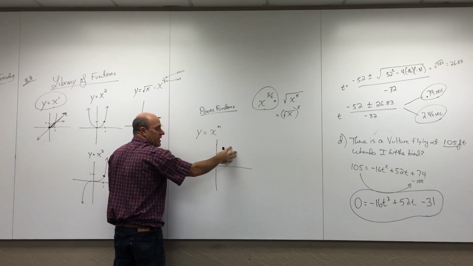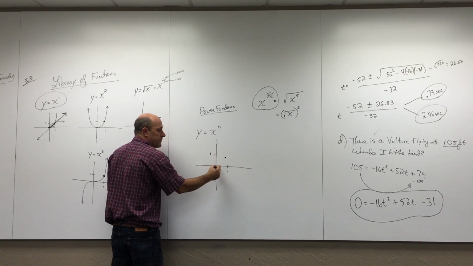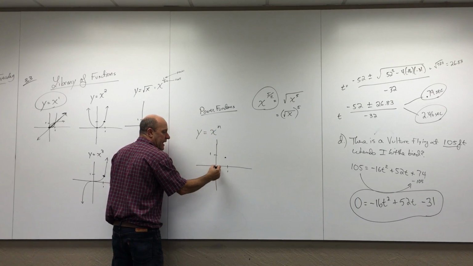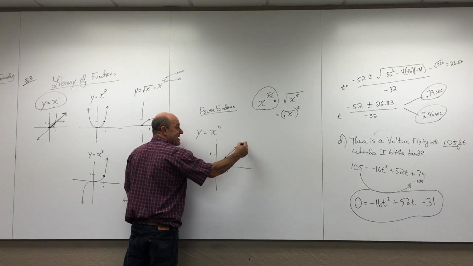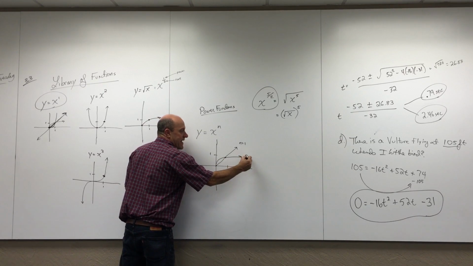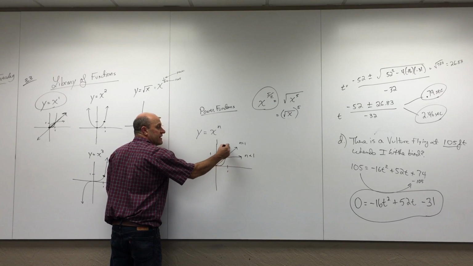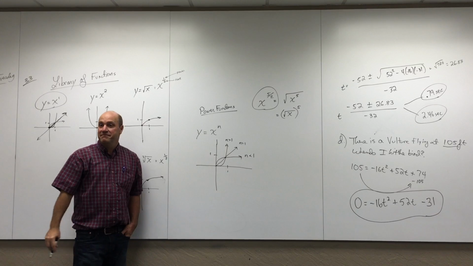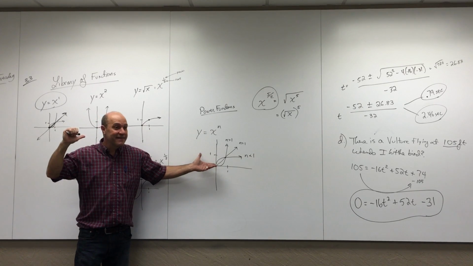If they go through this point 1, 1, unless somebody multiplies it by 3 or something, and it looks like this, that means the power n is 1. If it looks like this, the power is less than 1. And if I go like this, the power is greater than 1. That summarizes everything I just tried to say.